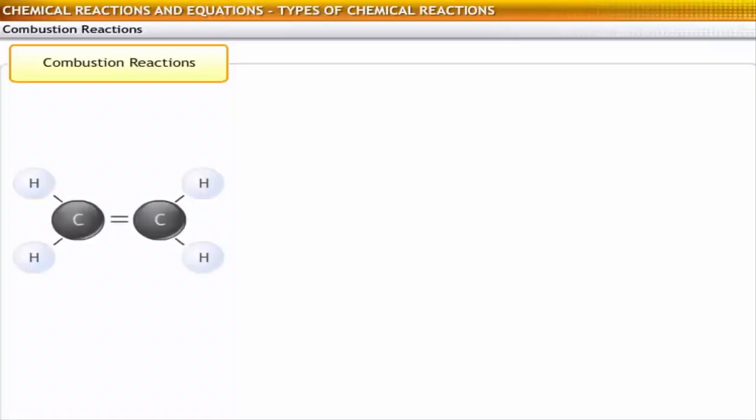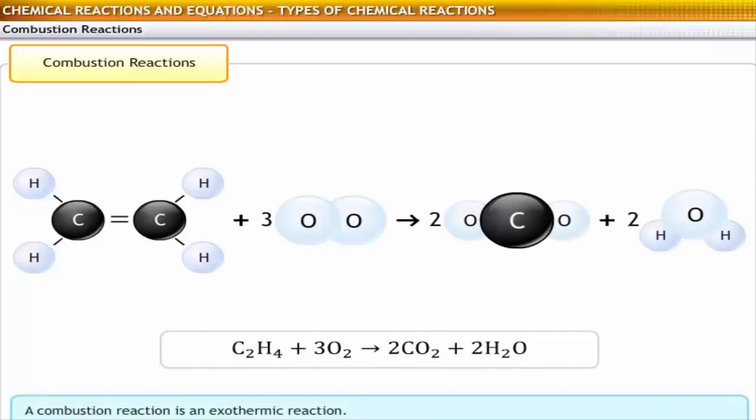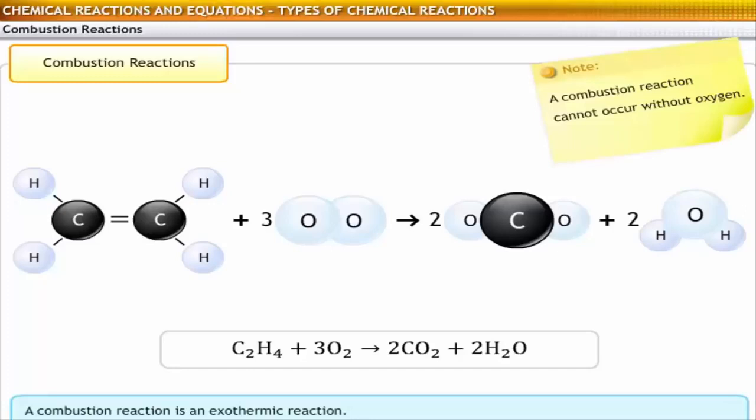For example, ethylene burns in the presence of oxygen to produce carbon dioxide, water and heat. As a combustion reaction results in the release of heat energy, it is an exothermic reaction. Remember, a combustion reaction cannot occur without oxygen.